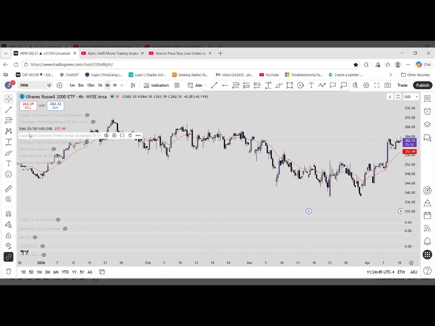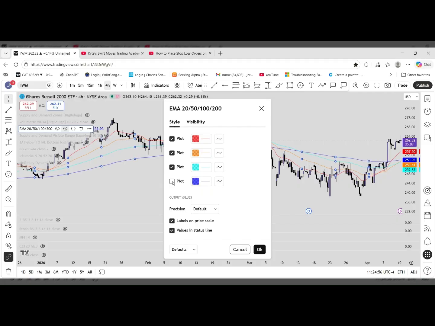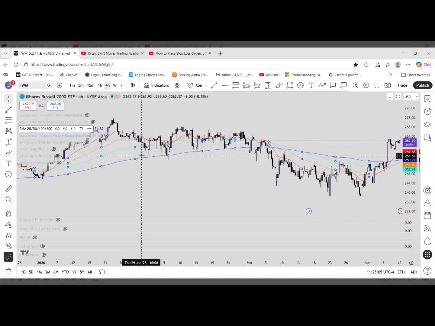Now with the EMA, let me show you, teach you a little bit more about it. You have the settings, and on the settings you can turn all these on, and let me click OK. So what you have is the 20, the 50, 100, and the 200 moving averages. And the idea is you want to try to figure out which moving average is closely tracking to the security's chart that you're looking at.